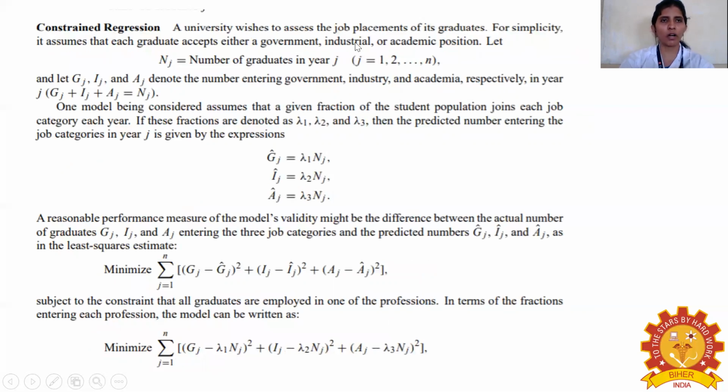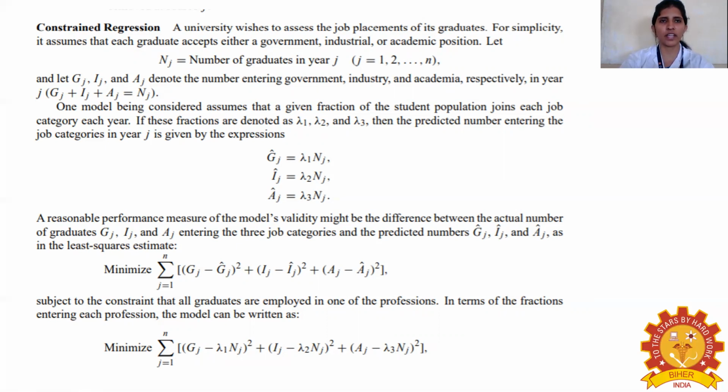Okay, so the third model would be the constrained regression. So here, suppose a university wishes to assess the job placements of its graduates. Say for example, it assumes that each graduate accepts either a government job, an industrial or an academic position.